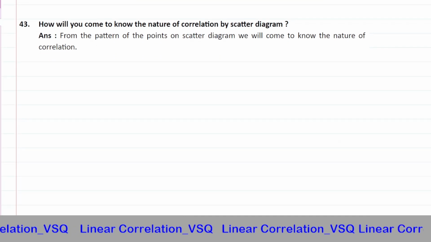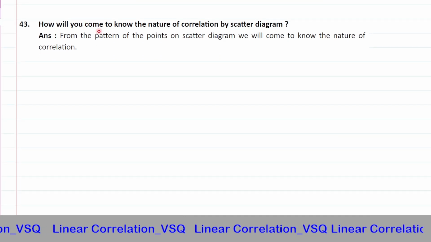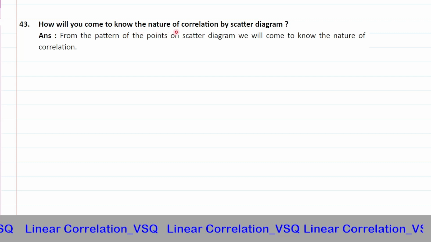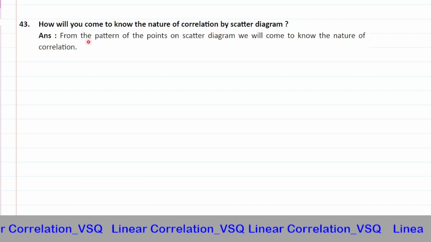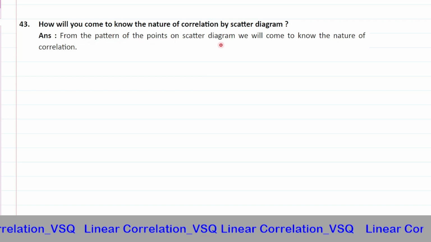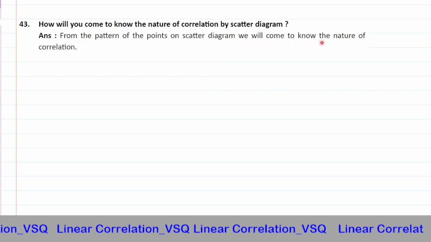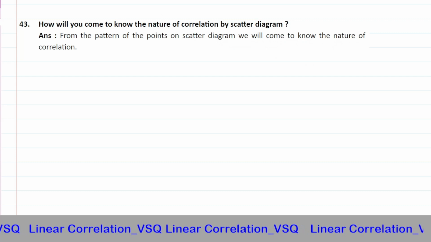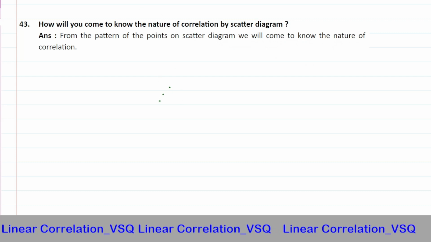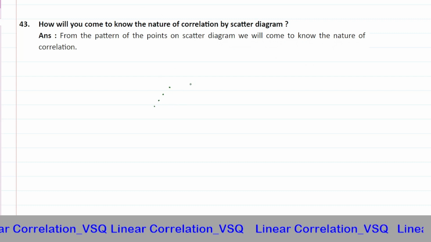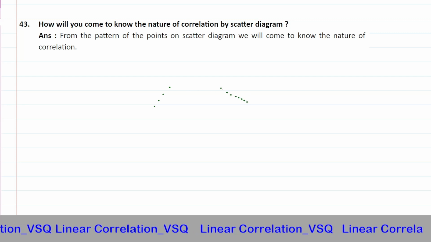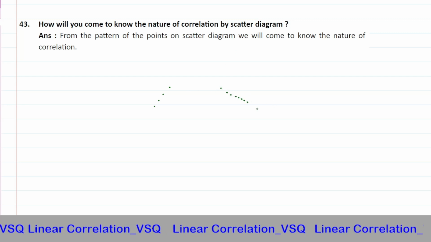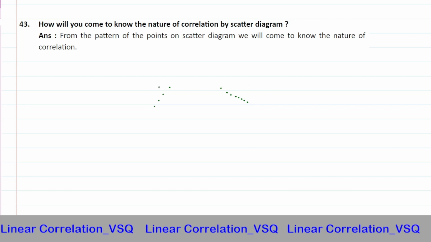Question 43. How will you come to know the nature of correlation by scatter diagram? The answer is: from the pattern of the points on the scatter diagram we will come to know the nature of correlation. Like, if all the points lie on a straight line in increasing order, then there is perfect positive correlation. All the points on a straight line in decreasing order, perfect negative correlation.